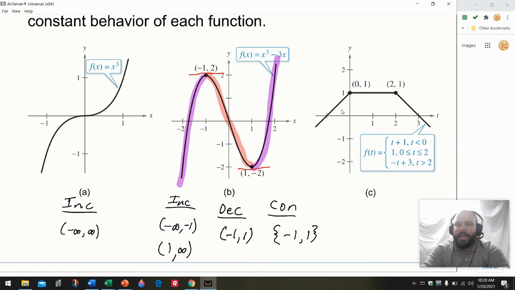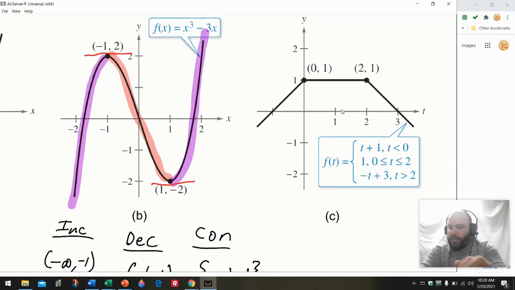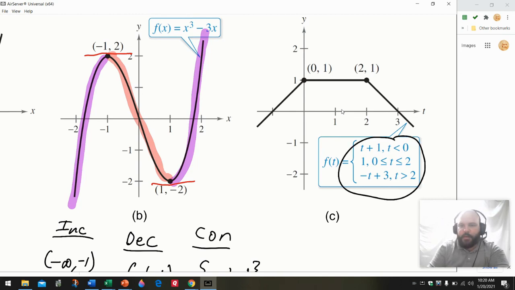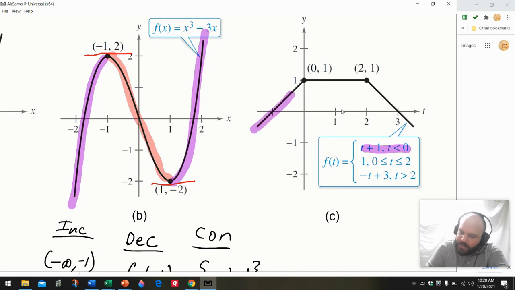Now, the last one's a little trickier yet, but it gives us a little bit more information because we have the piecewise defined function listed right there. So there are three parts to this, and you can see there's three distinct parts. This purple part is when t is less than 0. Then we'll go to the red part, and that's from 0 to 2.